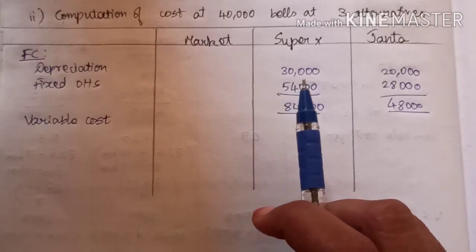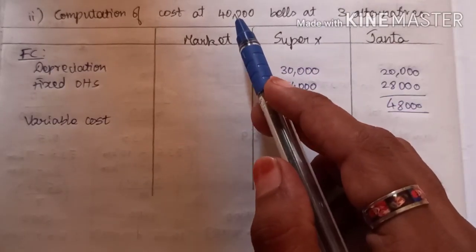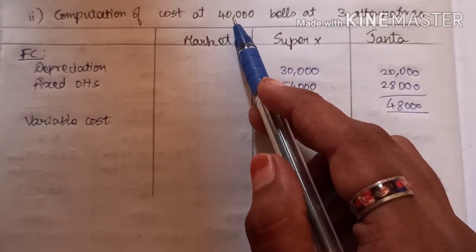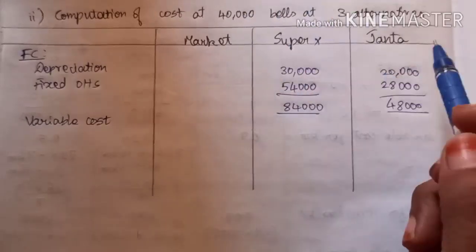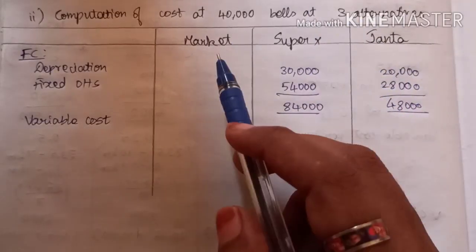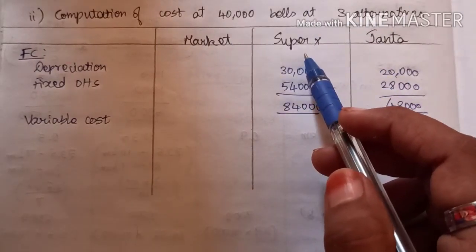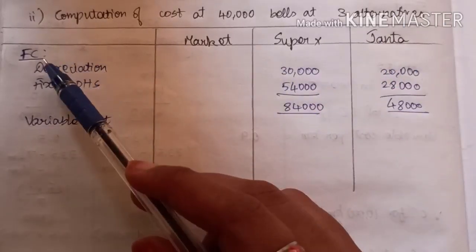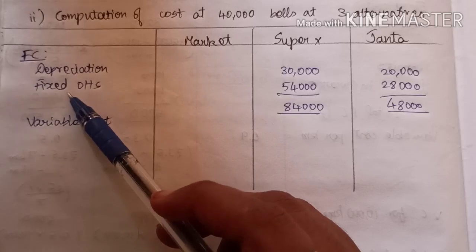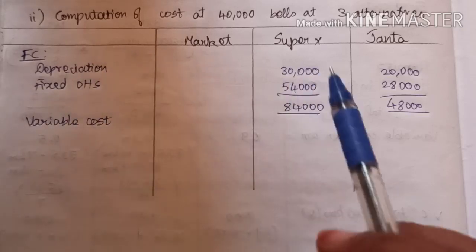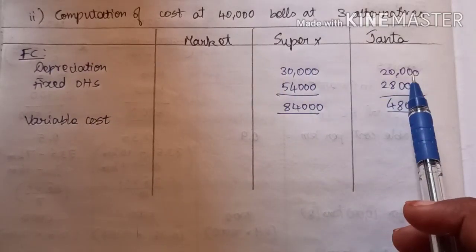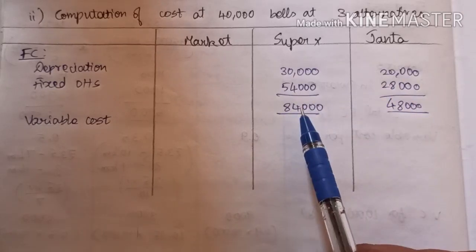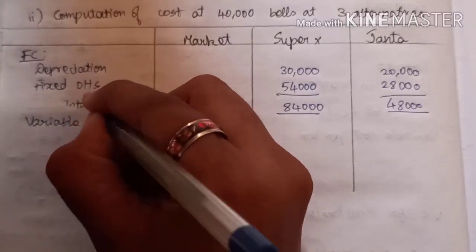See, in the second question, they told that if the sales in the second year is 40,000, which alternative will be suitable, that is whether market or installation of Super X machine or installation of Janta machine. And we have to find the cost. First one is fixed cost, depreciation and fixed overhead. It is same as we did above, 30,000 and 20,000 rupees, 54,000, 28,000, and then if you add, you will get total fixed cost.